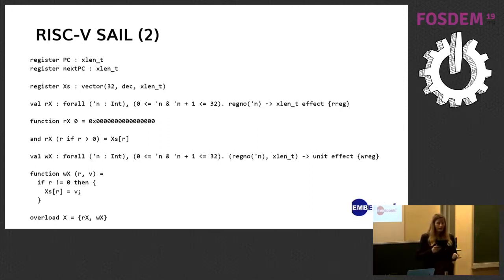We then define a getter and setter for the registers, which ensures that the 0 register is treated specially. In RISC-V, register 0 is always hard-coded to be 0.